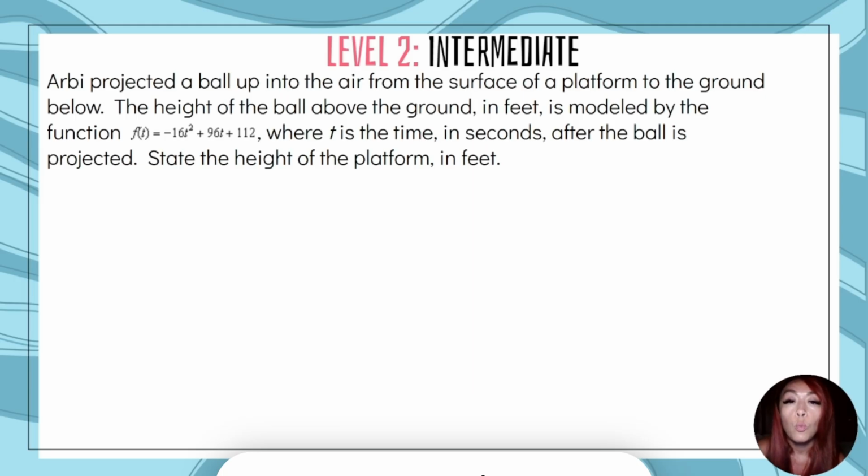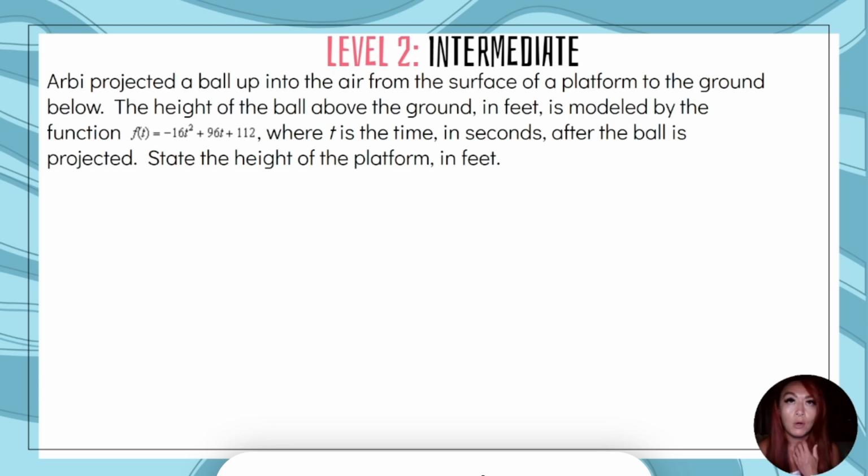Okay, so we know that RB is projecting the ball from the surface of a platform. So that means he's starting from the platform. The starting point is the platform. The initial height is the platform.